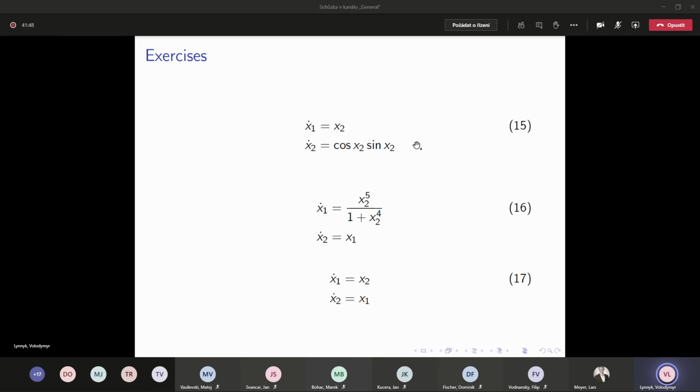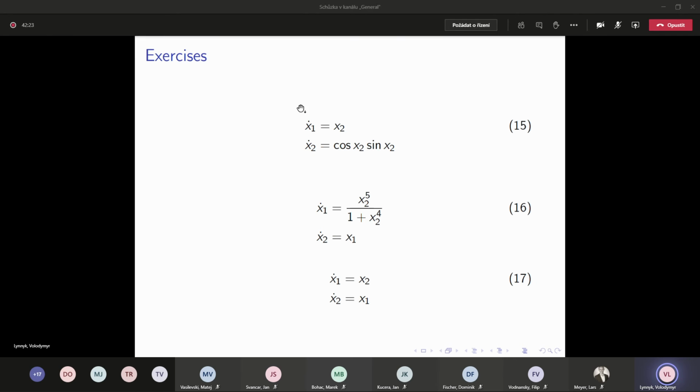I would say it's globally Lipschitz, because the cosine and sine are bounded, and it's also continuous. Did you calculate the Jacobian or not? You need to calculate the Jacobian. Okay, it's true.